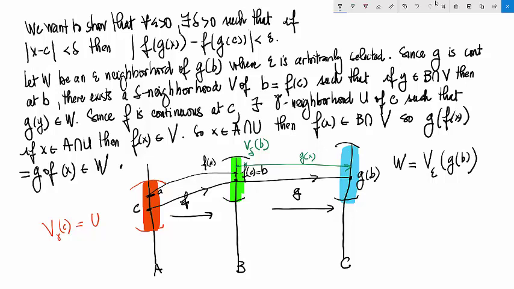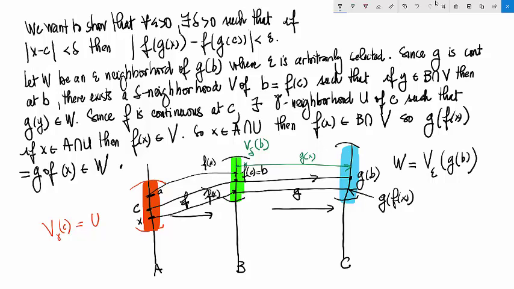Okay, so now given x here, we know that f of x has to be in V delta of b, and again by construction, the image of f of x under g, which is g of f of x, has to be in the epsilon neighborhood of g of b.